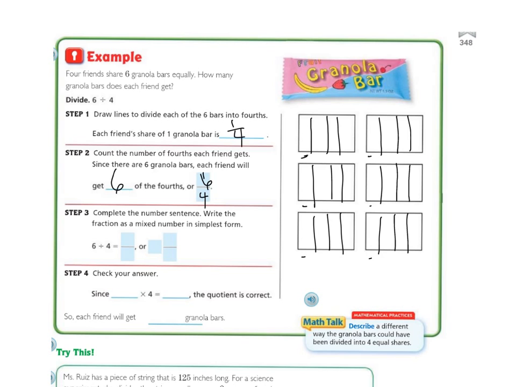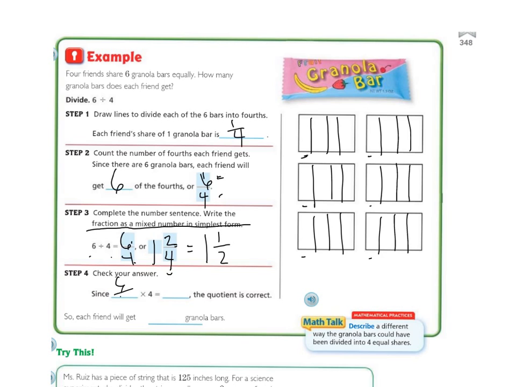Let's complete the number sentence, and we're going to write the fraction as a mixed number in the simplest form. We have 6/4 right here, and that's essentially saying 6 divided by 4. 4 goes into 6 one time with 2 left over. 2/4 can be reduced, so you can say 1 1/2, because 2 goes into 2 one time and 2 goes into 4 two times.